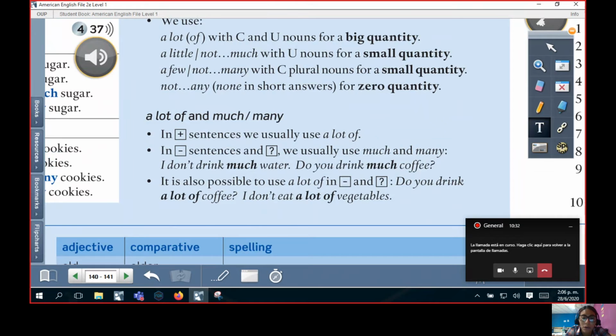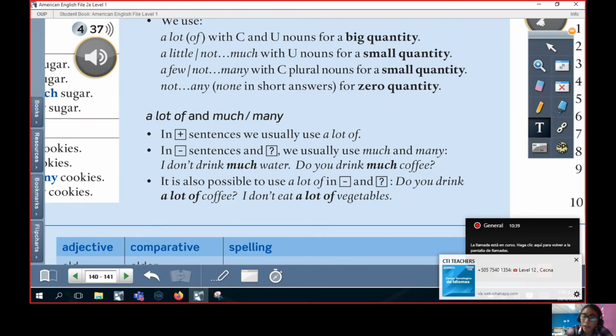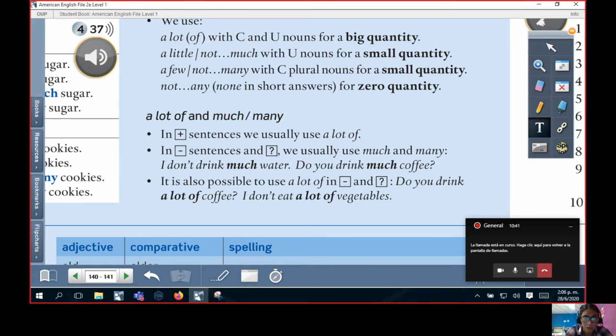Then it is also possible that we use a lot of in the positive, negative and questions, because I would say that in the part of the quantifiers, a lot of is reliable. For example, do you drink a lot of coffee?